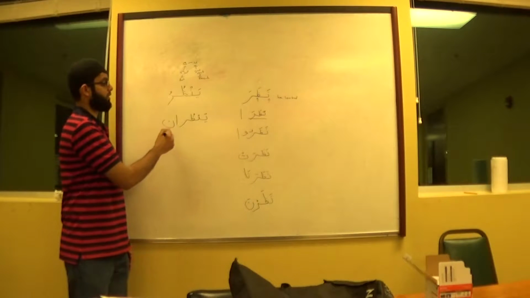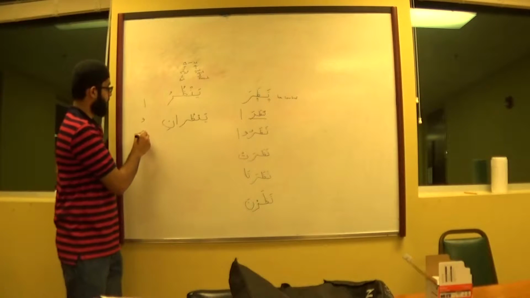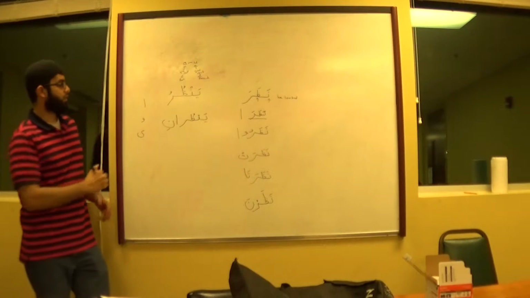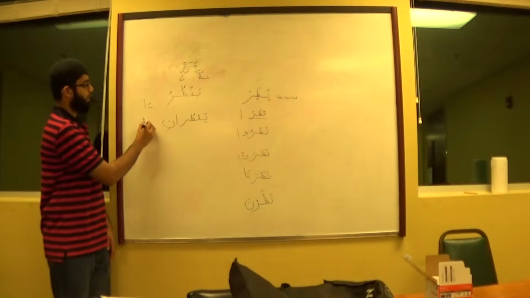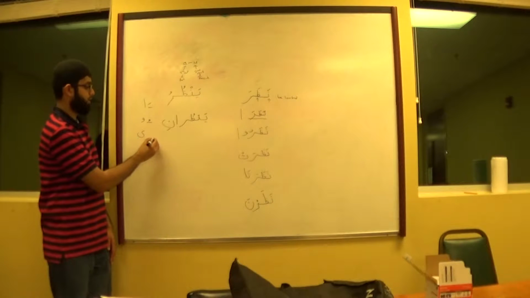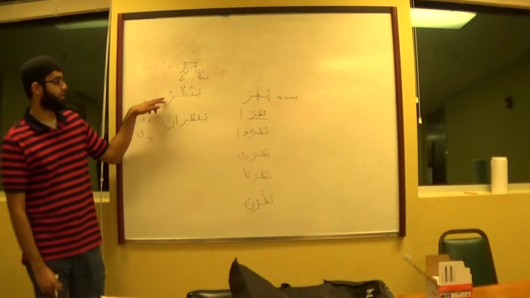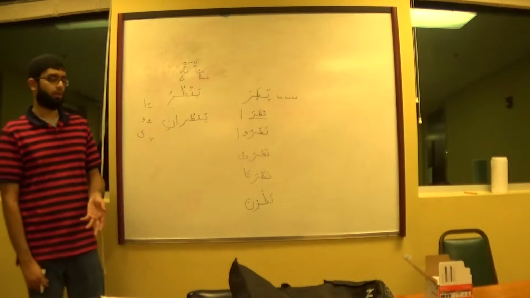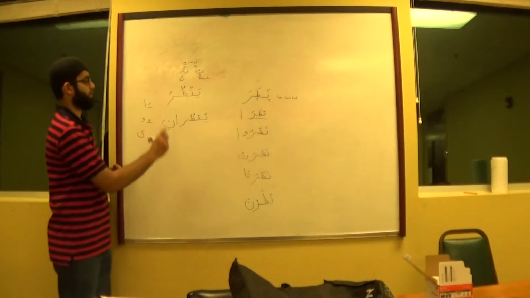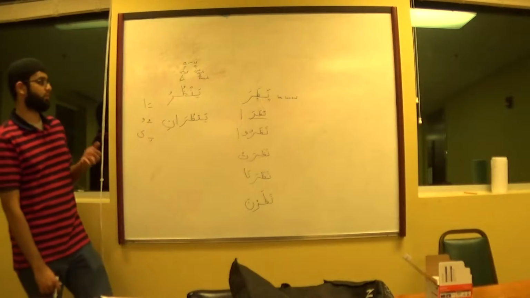So this is the thing with Arabic, that whenever you have a long vowel like alif or waw or ya, like a stretchy vowel, the letter before this has to have a fatha, the letter before the waw has to have a dhamma, and the letter before the ya has to have a kasra. Okay? So this is why this changes, not because the ra just changes, the dhamma changes to a fatha. Okay? You have to pronounce it.